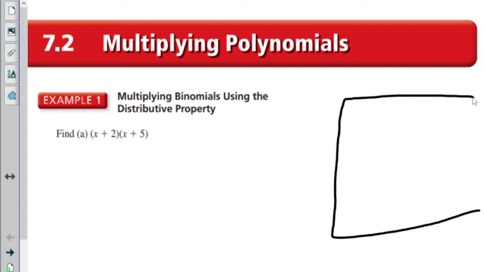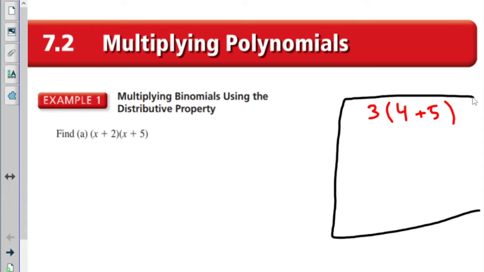What I mean by distributing is that if I have something like 3 times 4 plus 5, I could take this and combine these. 4 plus 5 is 9, times 3 is 27.